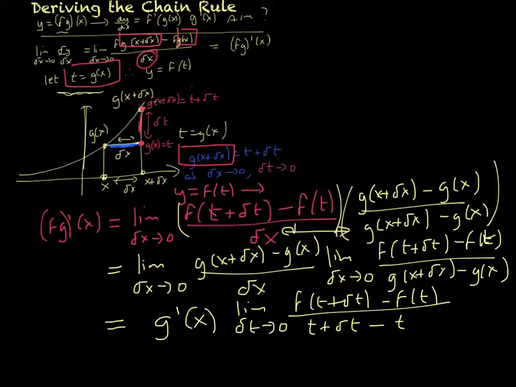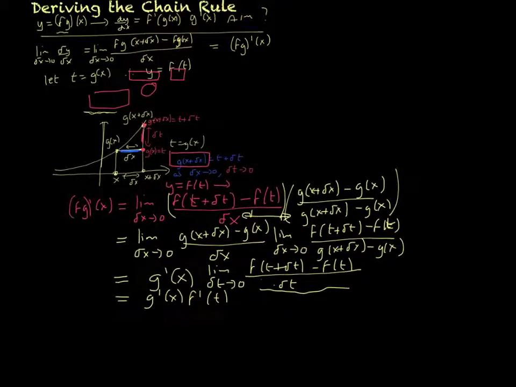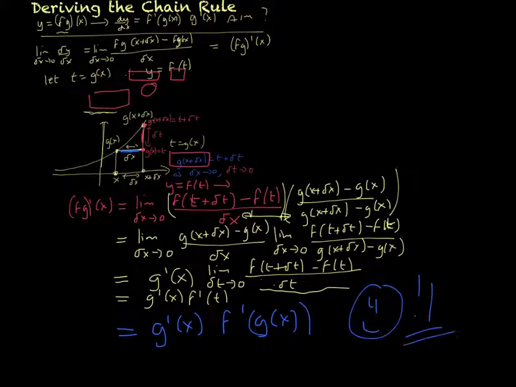And lo and behold, if I rub that out, we are left with f prime of t. And as we know, we have g prime of x, f prime of t. We started with t being g of x, so we get g prime of x, f prime of g of x, and the chain rule is proved.